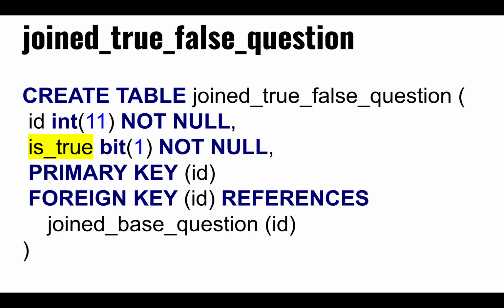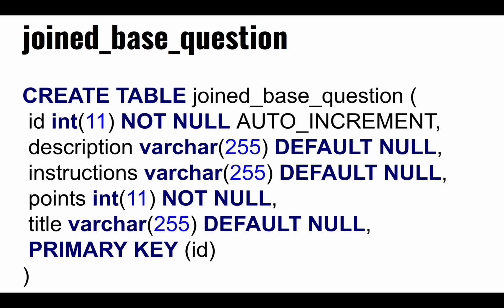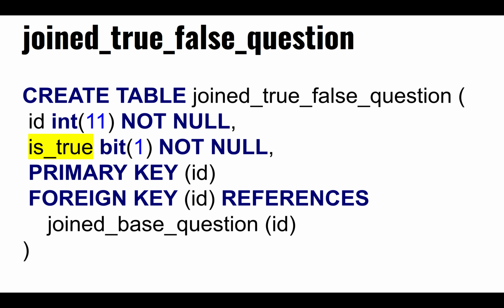Also, notice here that it's not shown, but it should be: there should be a cascade delete. Cascade delete means that if I remove the record over here, any of my children should go too.